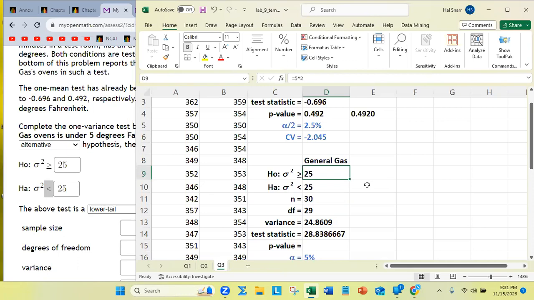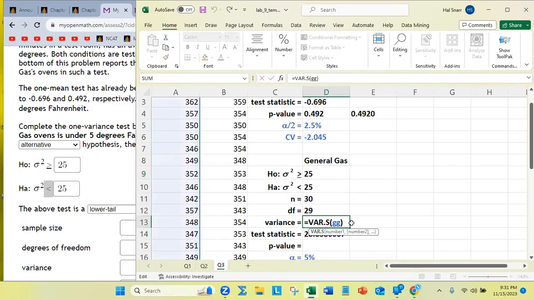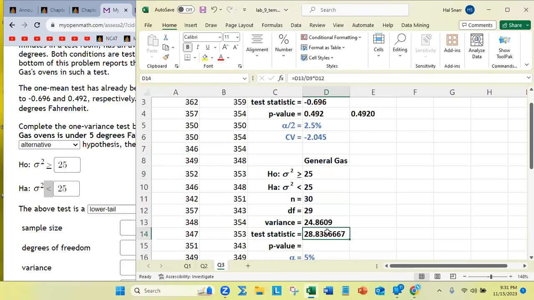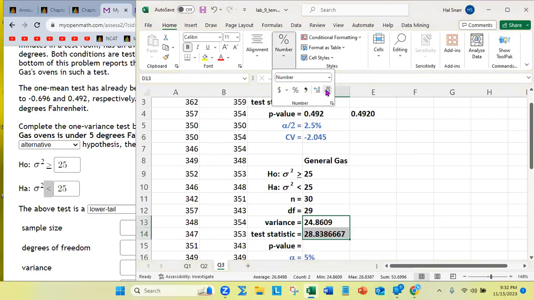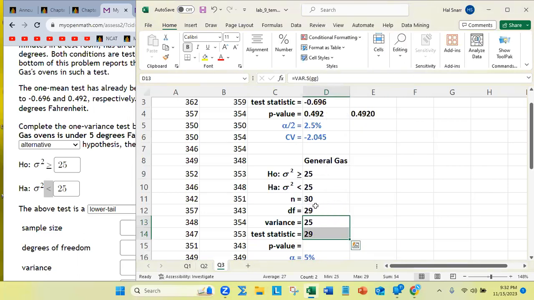And since we multiplied the ratio of those two variances, one being the sample, the other being what it's supposed to be according to Trade Magazine, by the degrees of freedom, and that ratio is really close to 1, the test statistic is really close to the degrees of freedom, right? So if we round these to 0 decimal places, you can see the test statistic is equal to degrees of freedom.